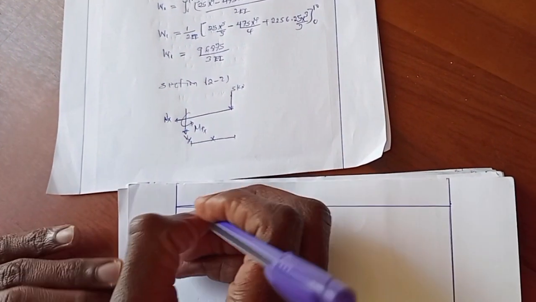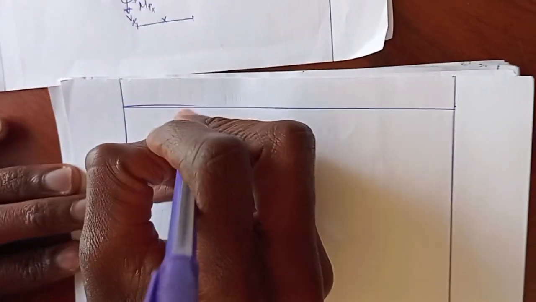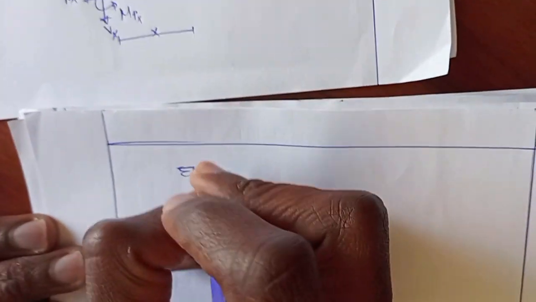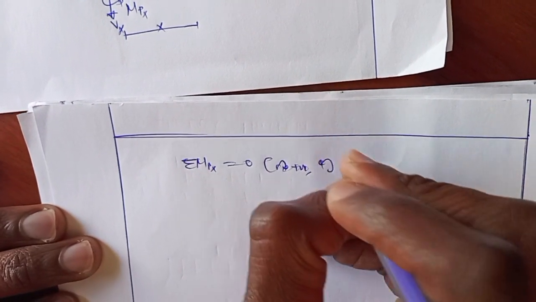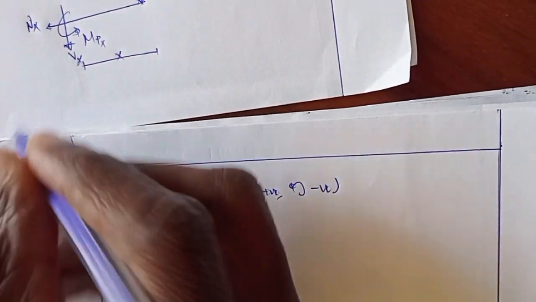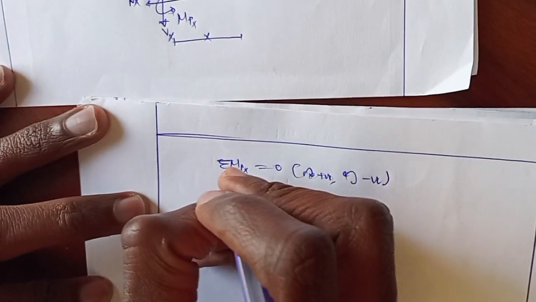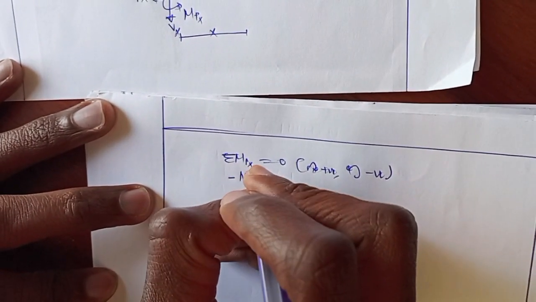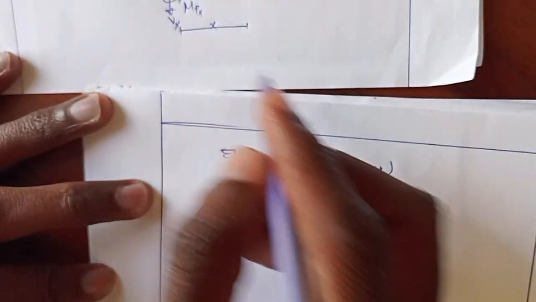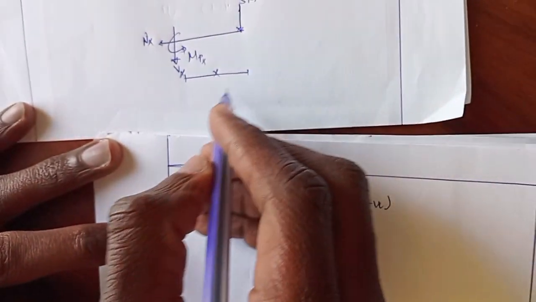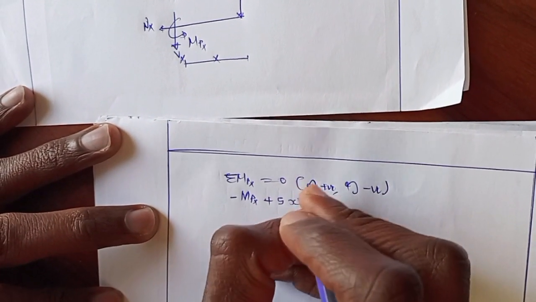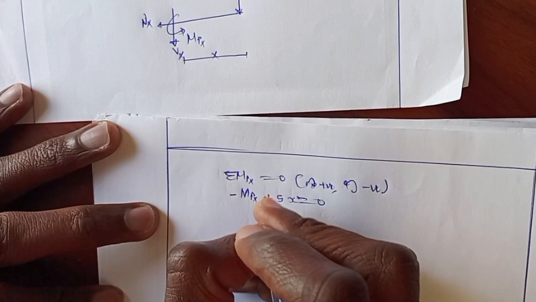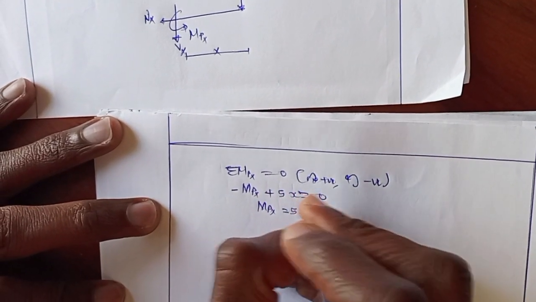In order to obtain this moment, we take summation of moment at x equal to 0, with clockwise direction positive and anti-clockwise direction negative. This one moves in anti-clockwise direction, so it will be negative Mx. This moves in clockwise direction, so it will be plus 5 times x equal to 0. So Mx is equal to 5x.